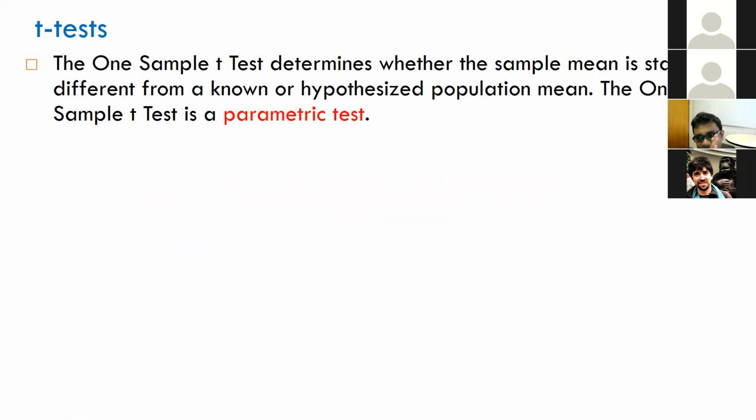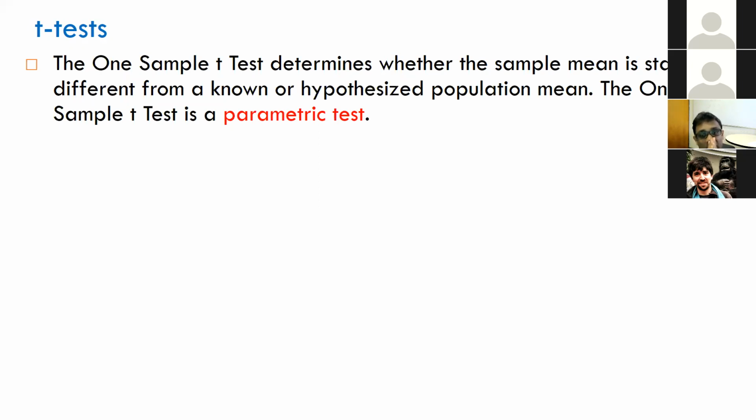So one sample t-test is a hypothesis test about a population mean, and it's a parametric test.